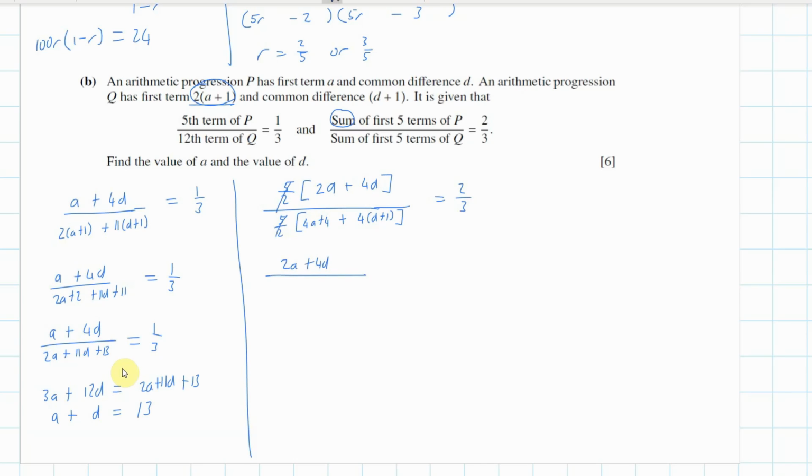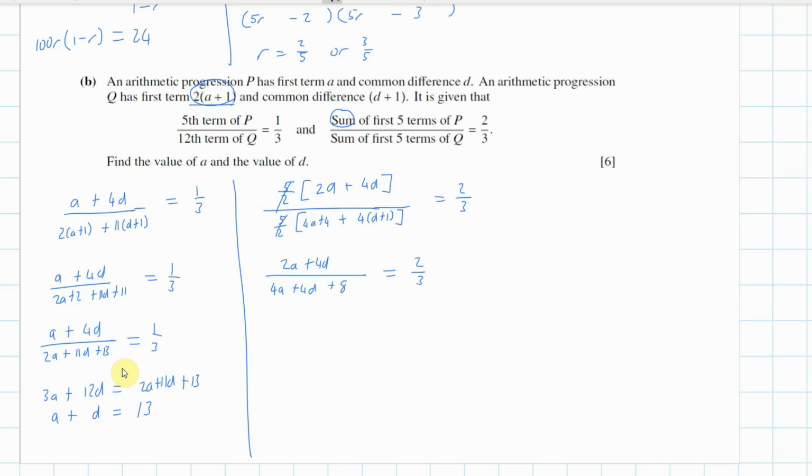And on the bottom, hopefully you can see we've got 4a plus 4d plus 8, I think. Yeah, I think that's right. Is equal to 2 over 3.